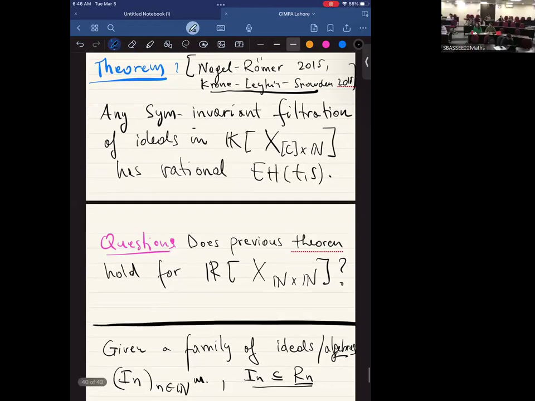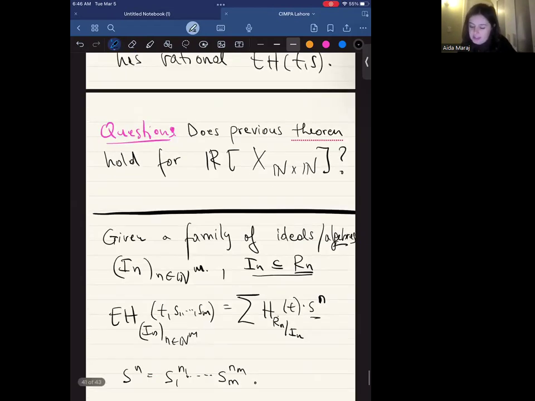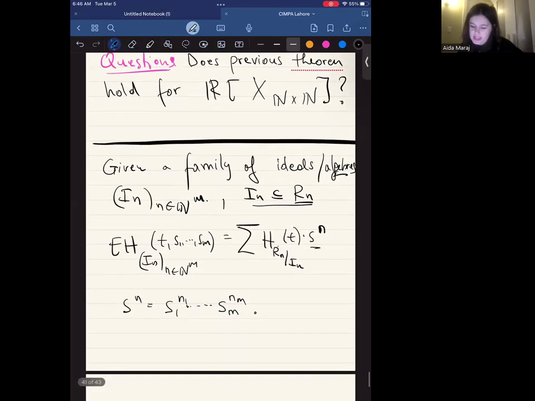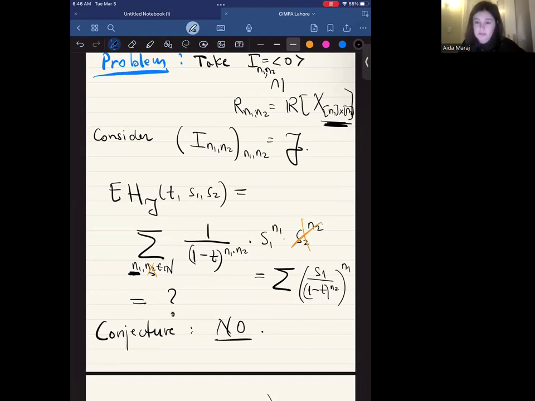But if they are not chains of ideals, they are grids, where we have different directions that are increasing, living in this type of rings, for instance, then it's not known. And I'm saying that that theorem must be false. It's not always true. And this should be the counterexample. Is that clear? Yes, yes.